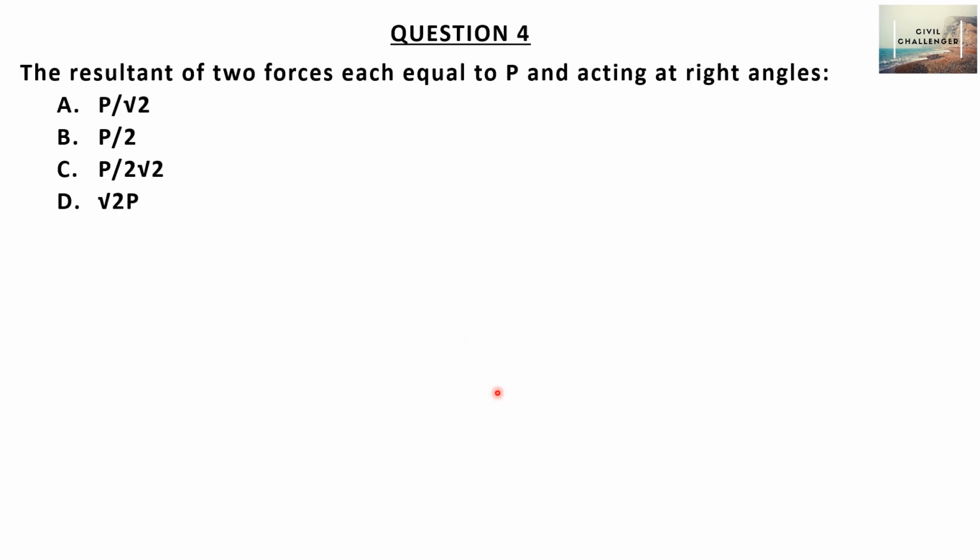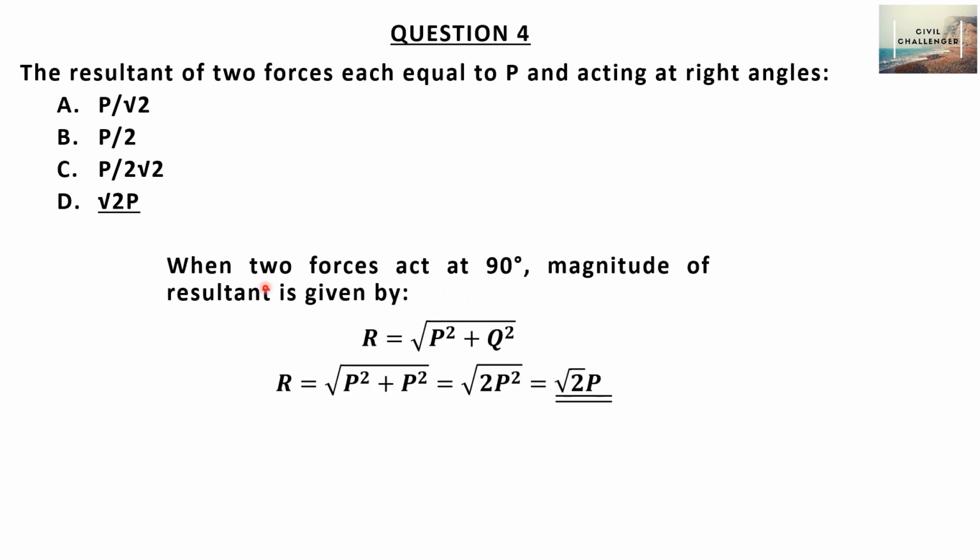The next question is, the resultant of two forces is equal to P and acting at right angles is: option A, P divided by root 2; option B, P divided by 2; option C, P divided by 2 root 2; option D, root 2 P. We know that when two forces act at 90 degrees, the magnitude of the resultant is given by R is equal to square root of P square plus Q square.